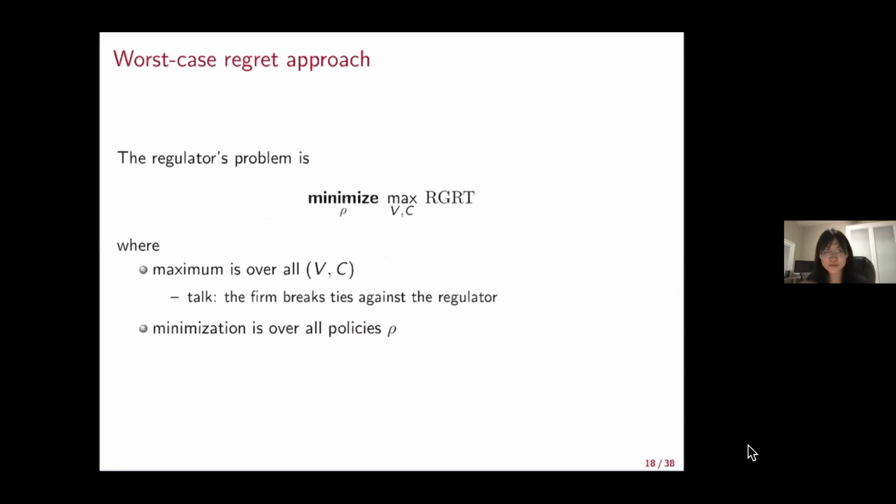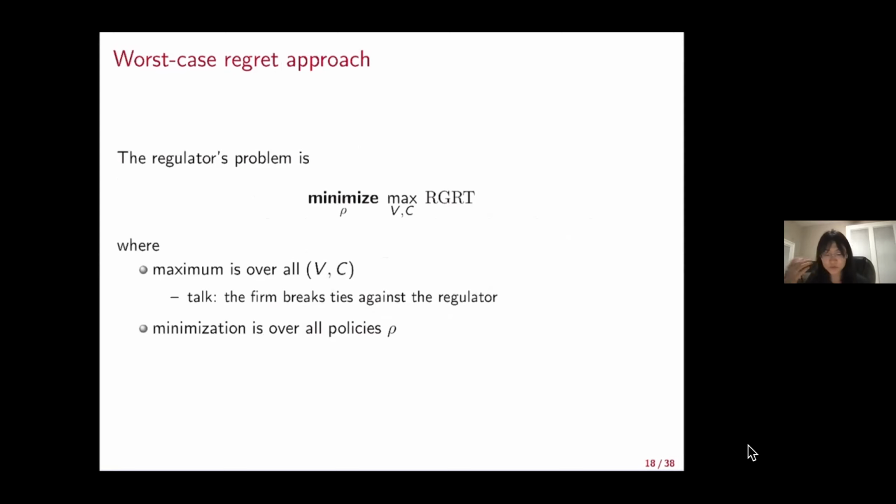Now let's look at the regulator's problem. In an environment where the regulator has a prior belief over the demand and cost function, a natural thing to do is to find a policy to minimize the expected regret, which is the same as maximizing the expected payoff.